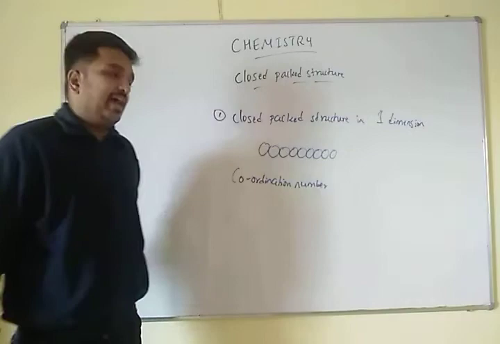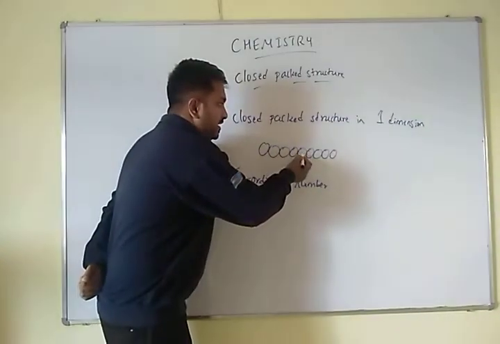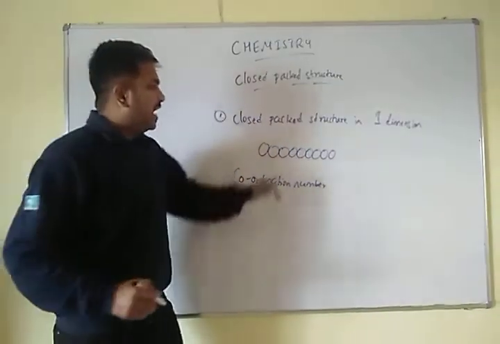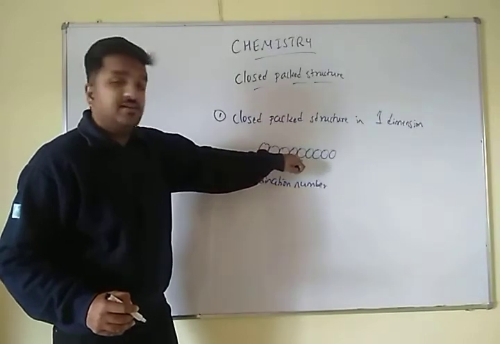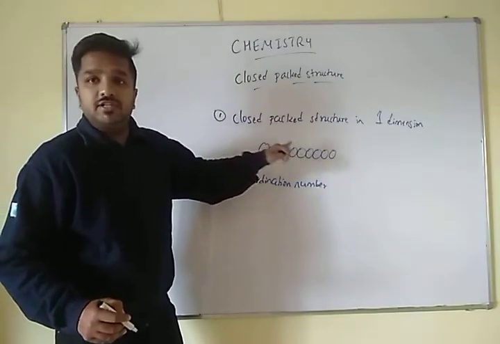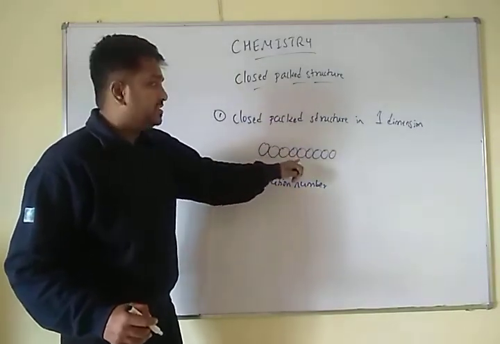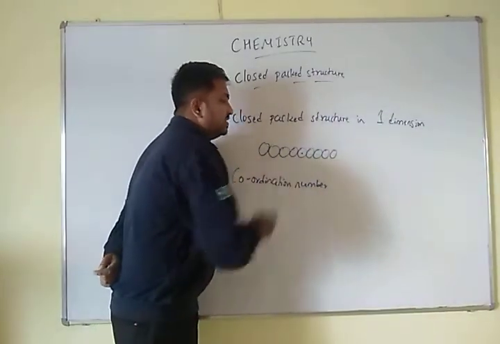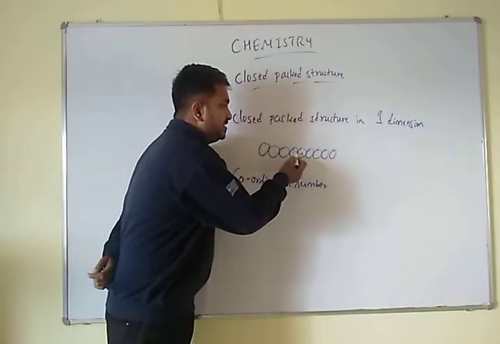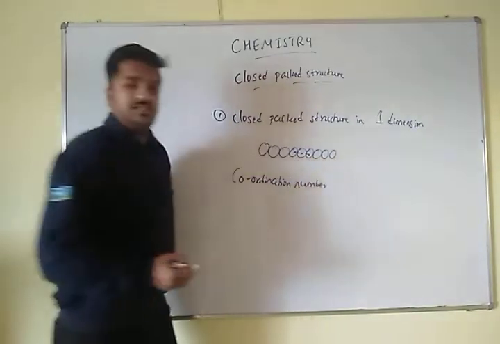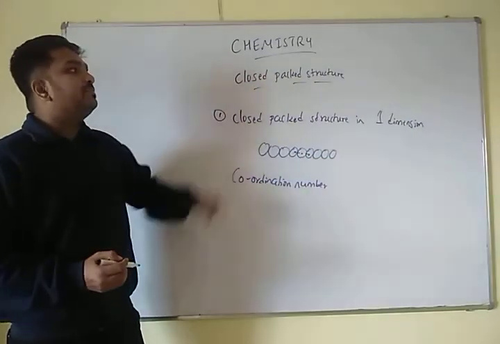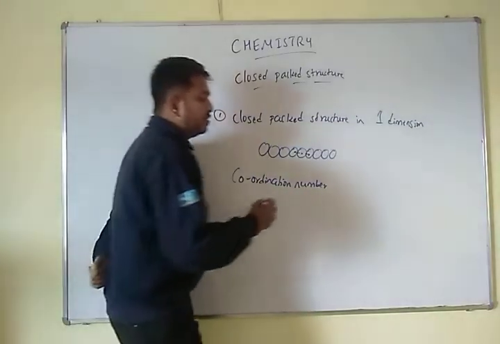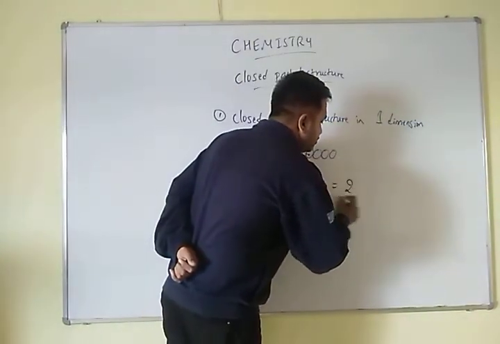Coordination number is the number of neighboring spheres that a particular constituent particle or a particular hard sphere is in contact with. For example, this particular sphere is in contact with two other spheres. So in case of closed packed structure in one dimension, the coordination number is 2.